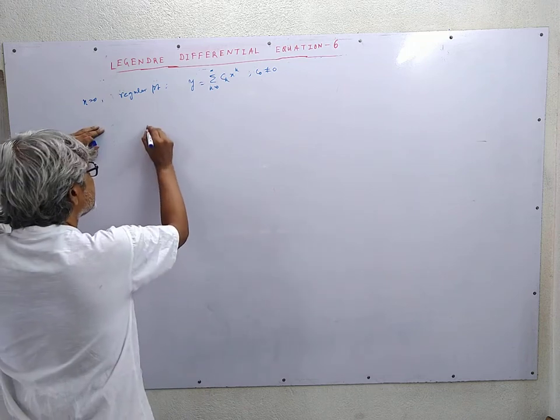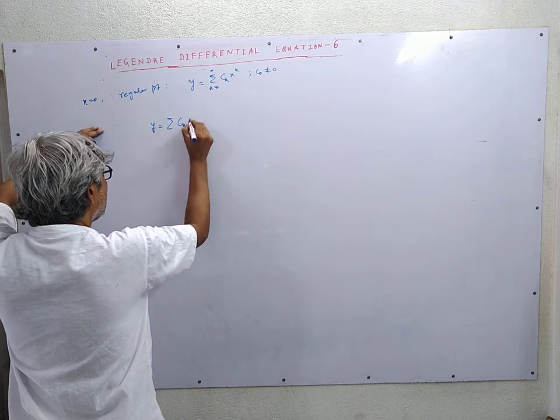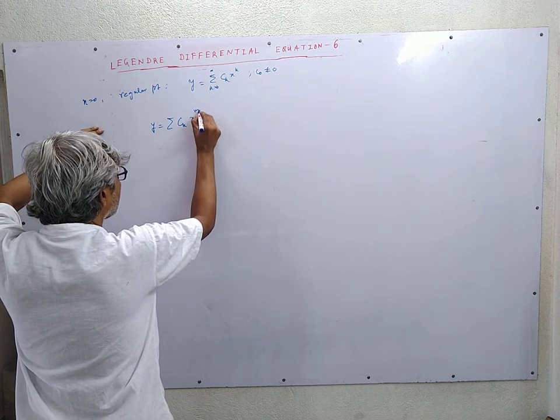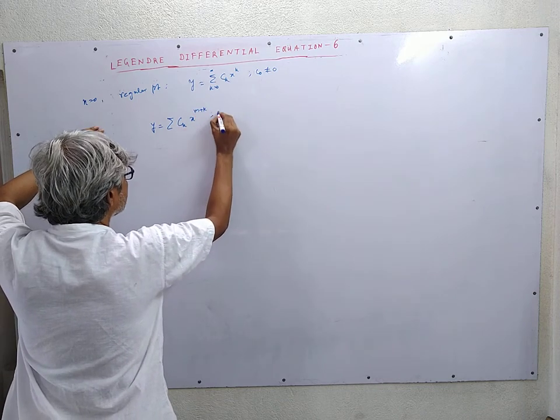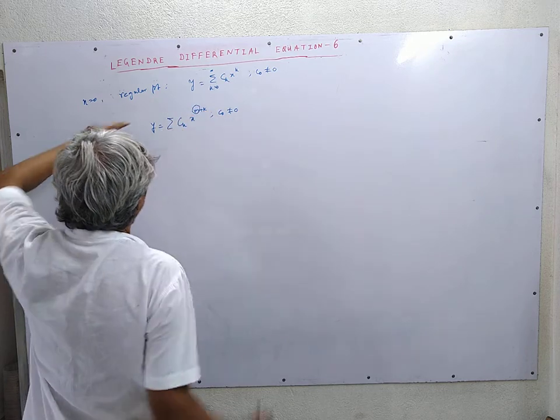Somebody uses the solution as the sum of ck x to the power m plus k with C0 not equal to 0. Then we need to know the index.